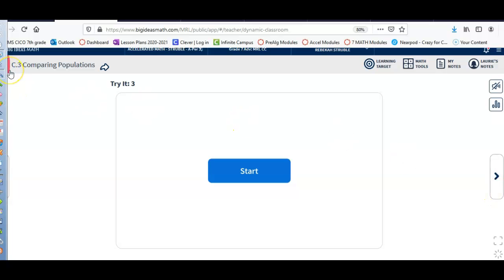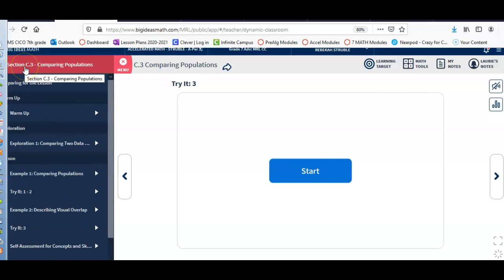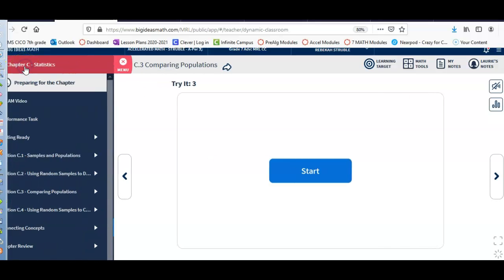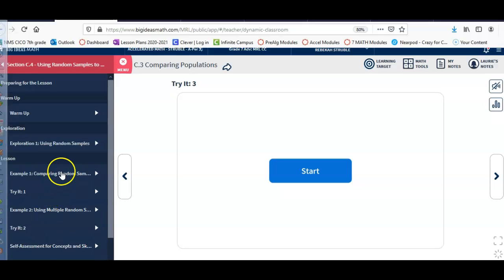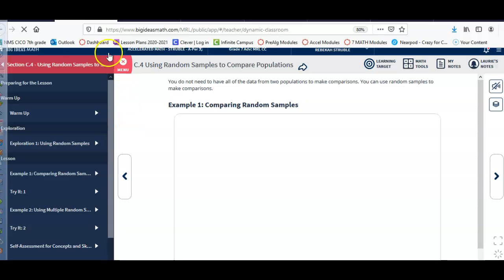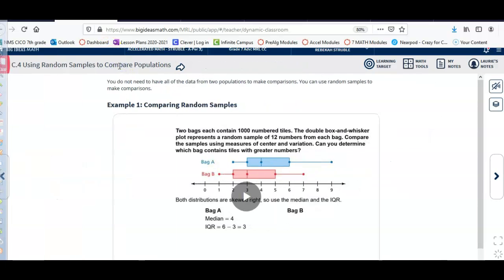That's comparing populations. Now we could also use random samples to compare populations. Let's go ahead and talk about those. And I'm going to try and move things along a little faster here for this section. It says you do not need to have all of the data from two populations to make comparisons.